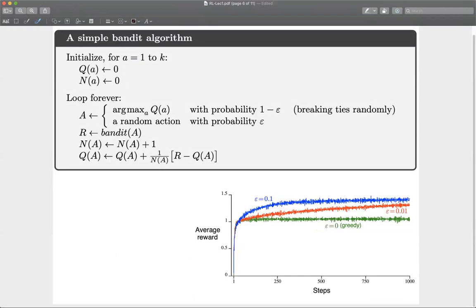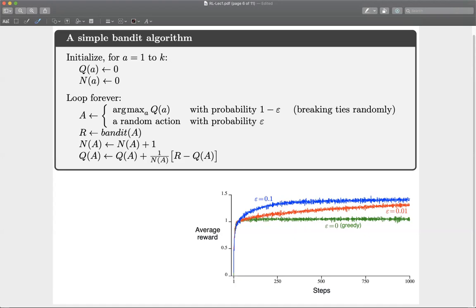So what you do is you say in the beginning, this is the value we assign to every one of those actions, every one of those arms. Initially, we're going to set them all to 0. We don't know anything, so all the arms have a value of 0. And we're going to keep track of how many times we pulled that arm. So this is n. We set that all to 0, okay?